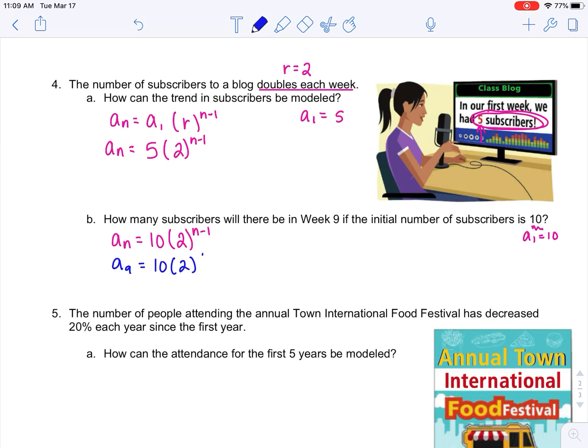So a_9 is equal to 10 times 2 to the 9 minus 1 power, so 10 times 2 to the 8th power, which, if you plug that into your calculator, should give you 2,560. So after 9 weeks, there will be 2,560 subscribers.